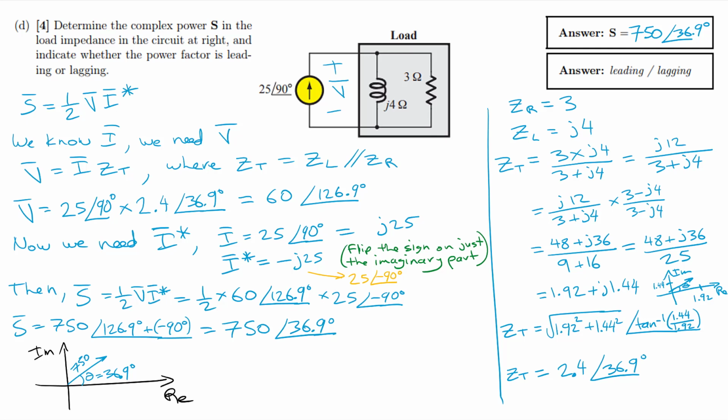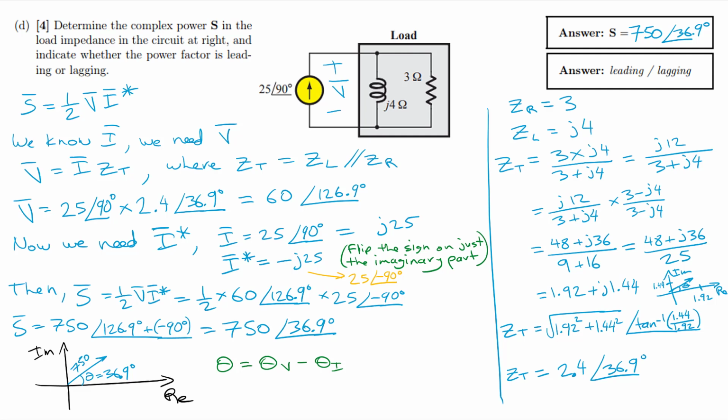Now, is this leading or lagging? Well, let's think of theta as equal to theta v minus theta I. It's positive when the voltage is leading the current, and that represents an inductive load. So theta is positive for an inductive load, and the current is lagging.